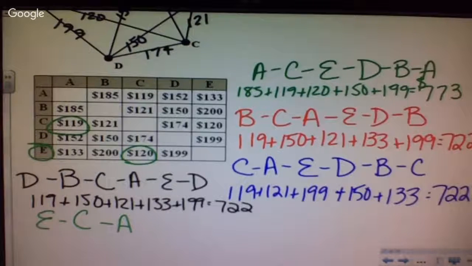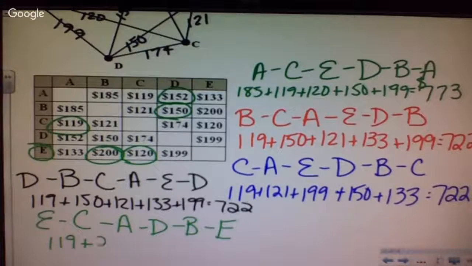E goes to D. Hold on, we already went to E. We need to go to D or B. So B. A has to go to D or B. So we have to go to D. D has to go to B. And B has to go back to E. So B to E. So we've got 119, 200, 120, 150, and 152.